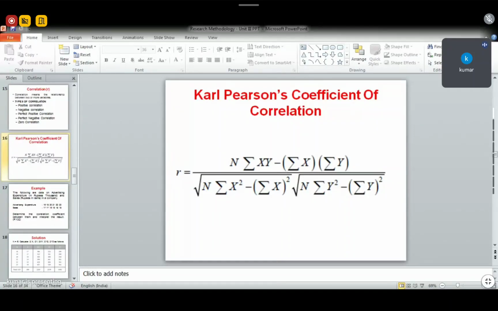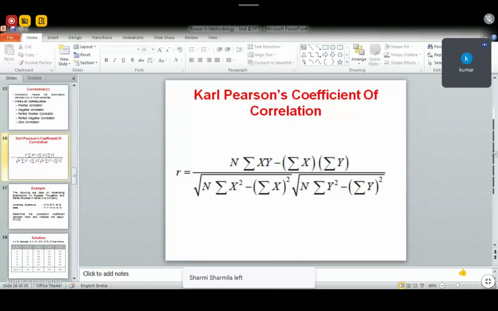Then sigma xy is 2243, minus sigma x, 123, into sigma y, 109. Then root of n, 6 into sigma x square, 2539, minus sigma x the whole square, sigma x 123 whole square.